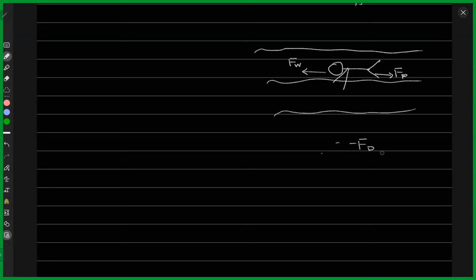The better way to not confuse yourself is to give these forces numbers. So if this is 10 newtons, then F water is minus 10 newtons, right? That means that the forces are equal and opposite in direction, right?